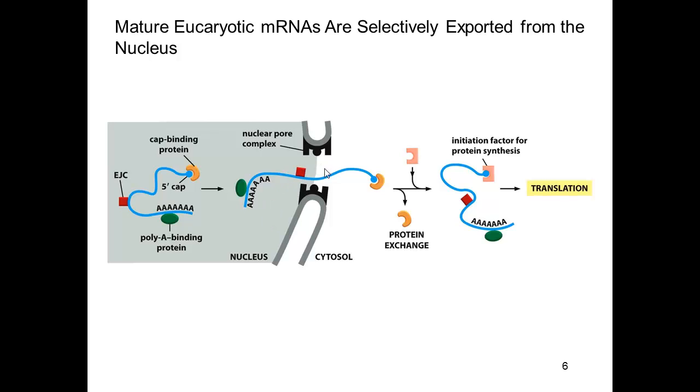Once it goes through the nuclear pore, large openings in the double membrane that separates the nucleus from the cytosol, proteins will bind to the cap region and help transport the mRNAs to ribosomes at the sites where they are read for protein synthesis.